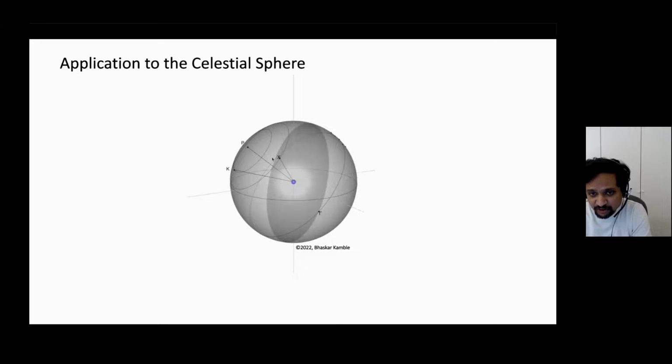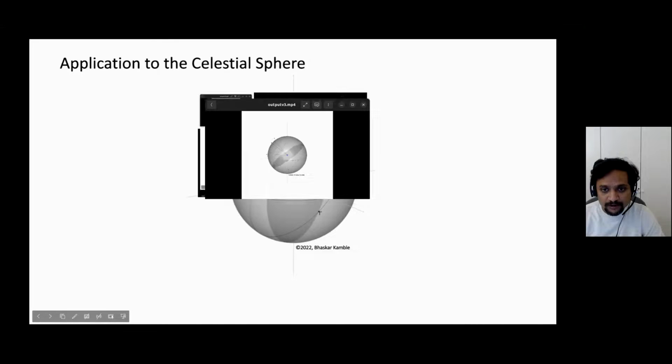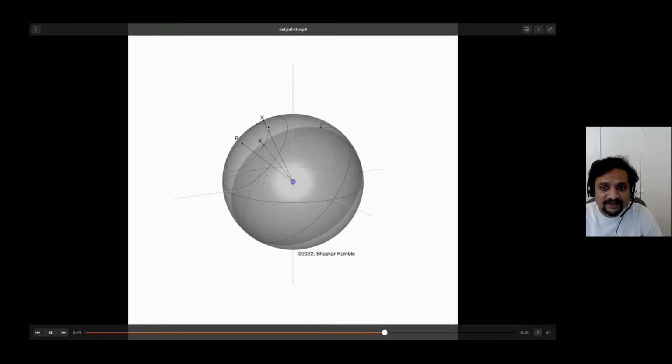As mentioned, because of the Earth's rotation, all the objects appear to rotate about the Earth along this axis, which is what we saw just now in this video. So I'll just show it once more. As you can see, the object X rotates also about the Earth.